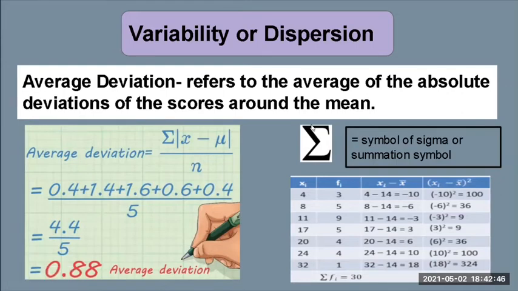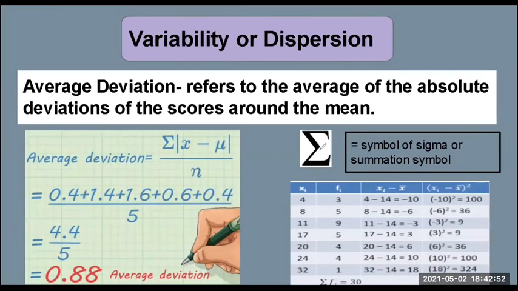Look at this symbol. Remember this symbol. This is the symbol of sigma for summation. Here we have our average deviation formula, which is the summation of x minus the mean over n.